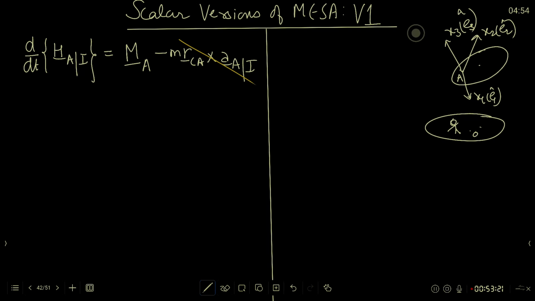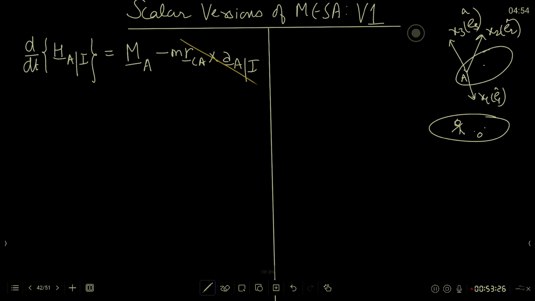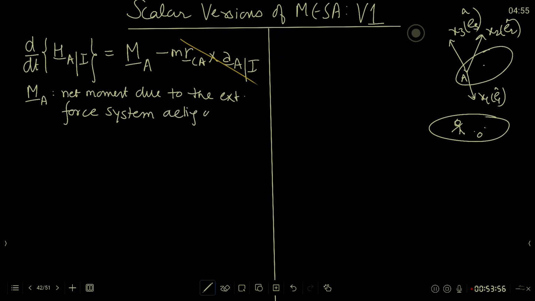If this is my working coordinate system, what I have shown on the right hand side of the slide, of course, I can write M_A, which is the net moment due to the external force system acting on RB. I can write this vector without any problems. I should be able to express this as this.